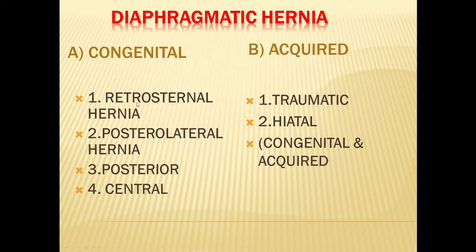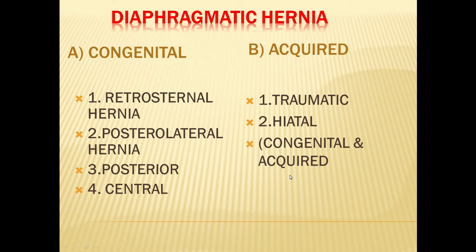Retrosternal, retro means behind the sternum, posterolateral, posterior and central. These two are common, these two are not common. Acquired can be traumatic or hiatal. Hiatal can be further subclassified into congenital and acquired.